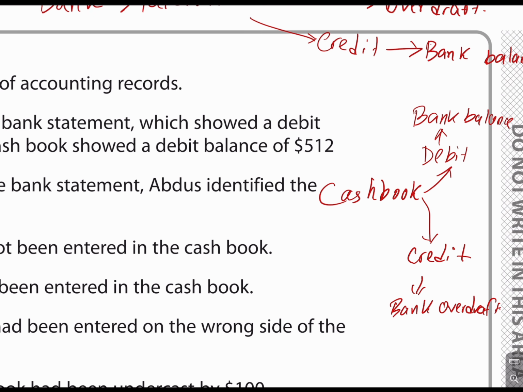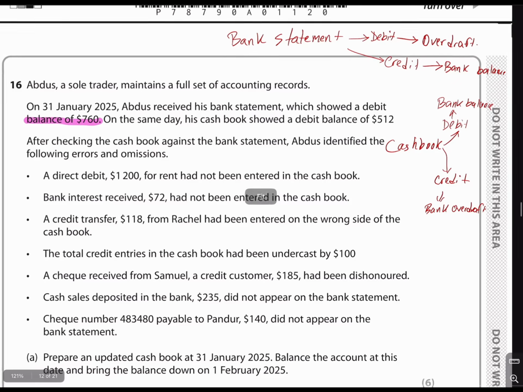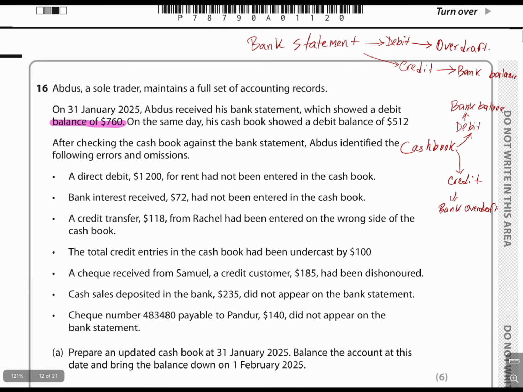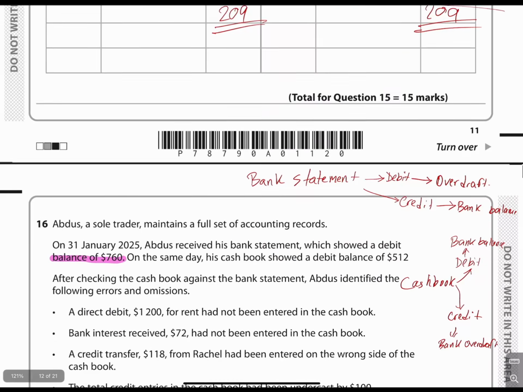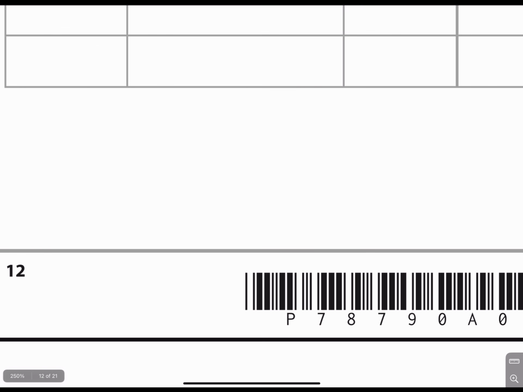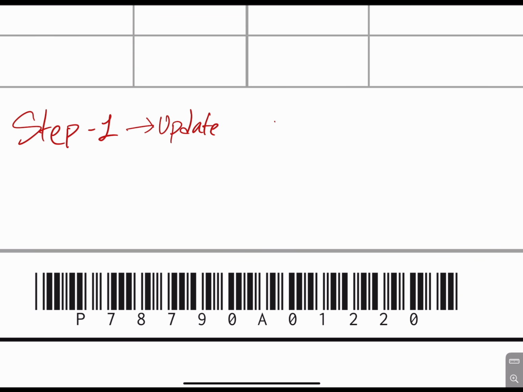So now, how do we do bank reconciliation? How do we approach a bank reconciliation? Let's break it down into steps. Step 1, we update the cash book. How do you update the cash book?